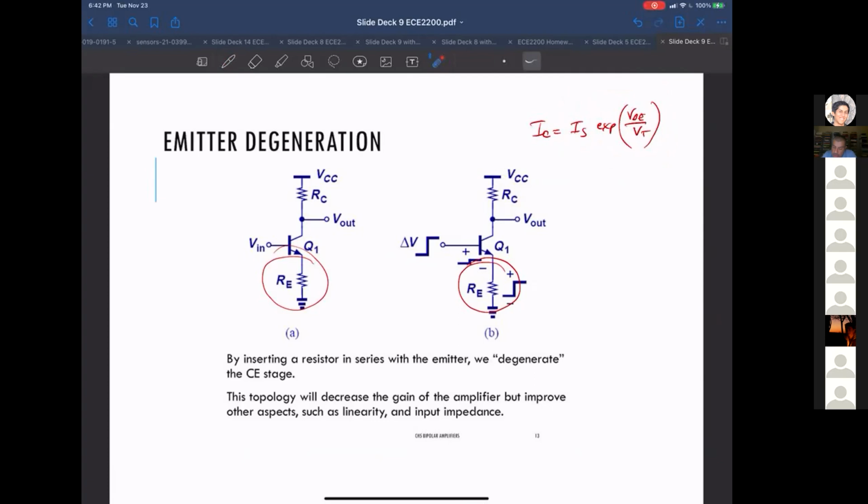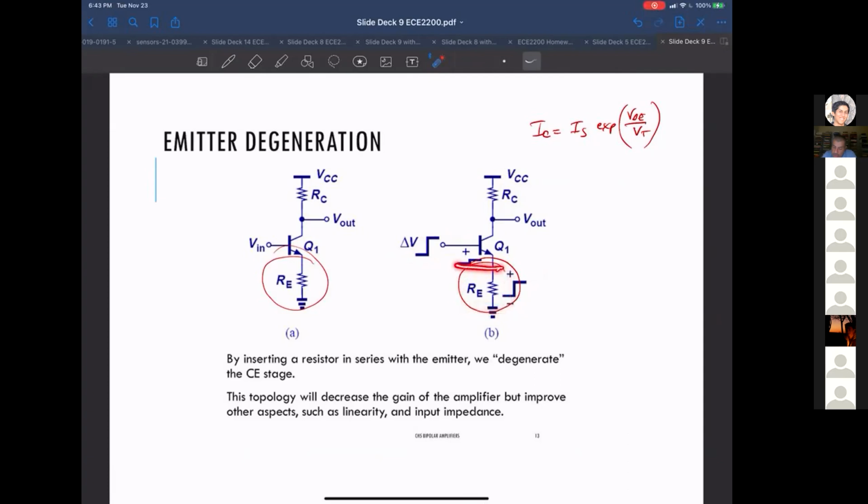So the idea of degeneration is that by putting a resistor in the emitter, we put only some of this voltage change on the V_BE, and the majority effectively ends up being dropped on the R_E.